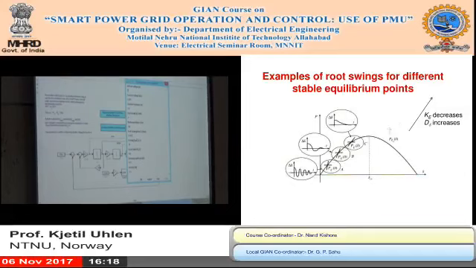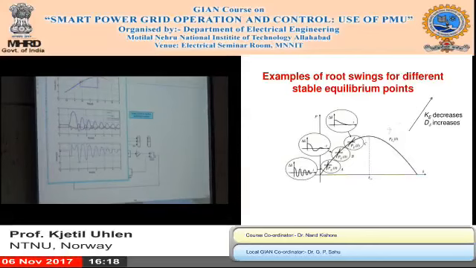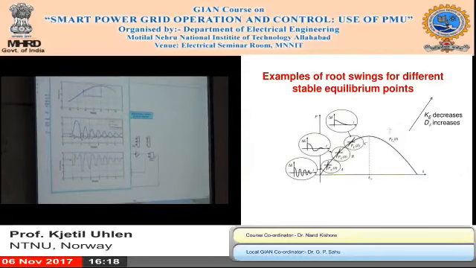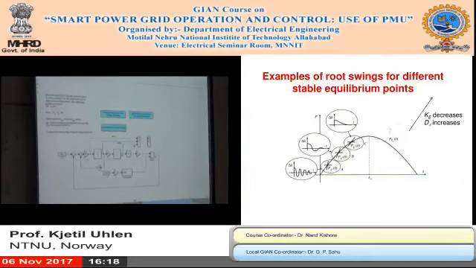Full clearing time 0.25, okay. Or we should actually, to demonstrate now the small signal behavior, we should have a shorter clearing time.